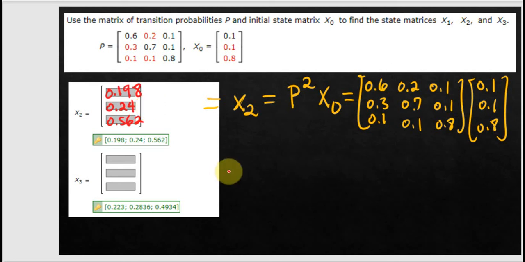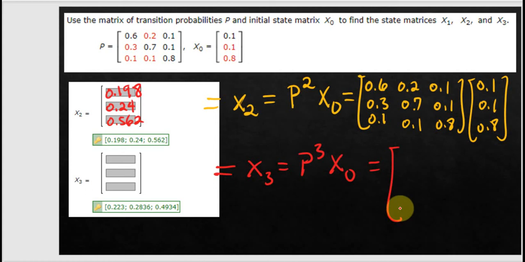So for the next one here, this x sub 3 is just P raised to the third times x naught. And again, you just put the matrix in your calculator, raise the power times x naught, and you get the desired result.